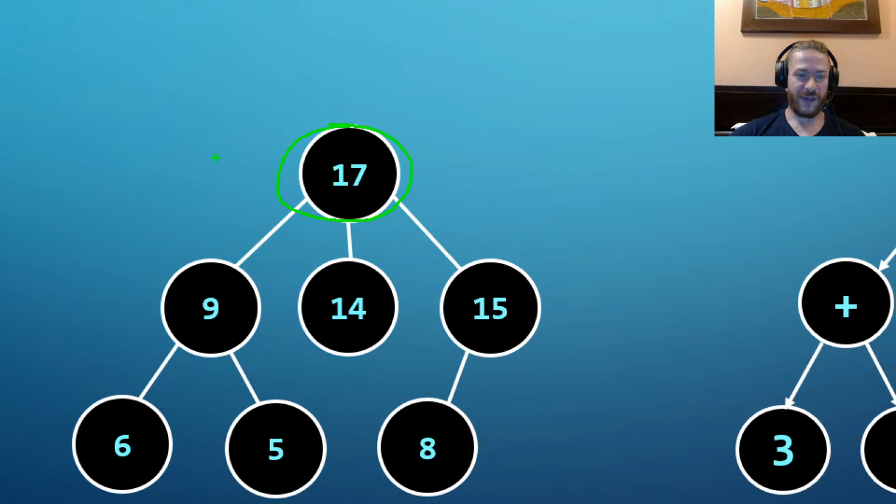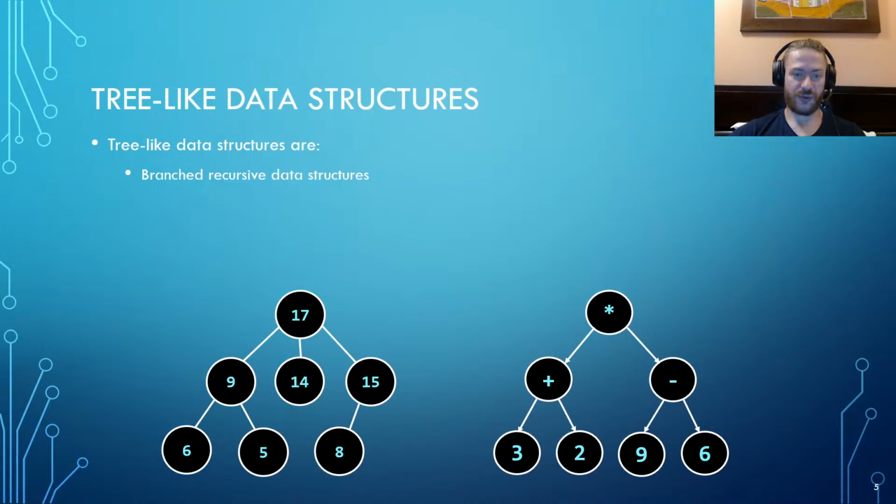So for example, this node has another node here and another node here and another node here. We are going to see all the different aspects of the tree in a minute, so I'm not going to give you a lot of details on this slide, but a tree data structure is not linear. You have multiple cells after the previous.